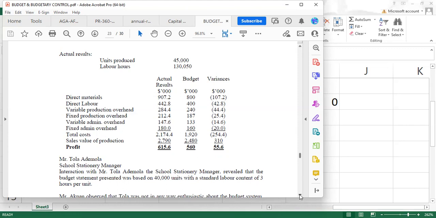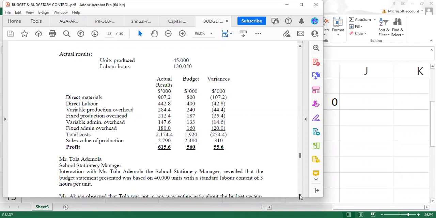Interaction with Mr. Tola Adebola, the secondary school manager, with the school stationery manager, revealed that the budget statement presented was based on 40,000 units with a standard labor content of 3 hours per unit.